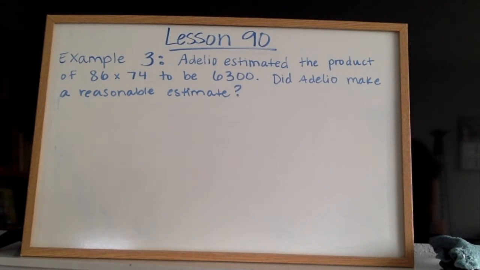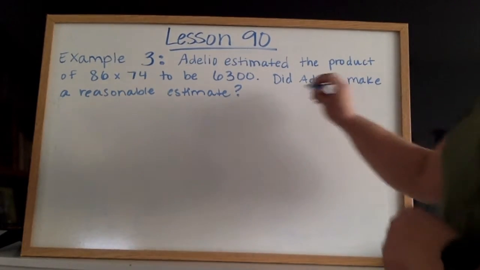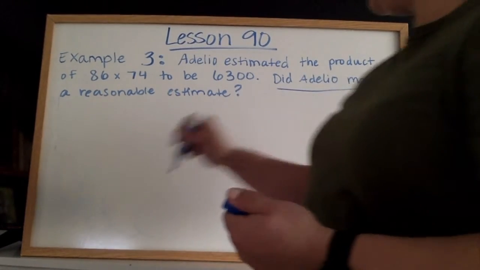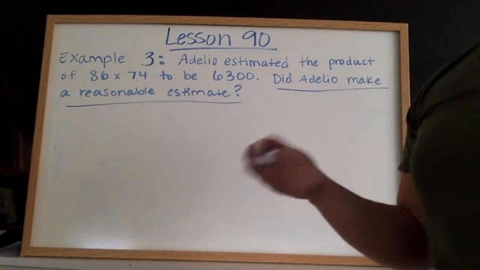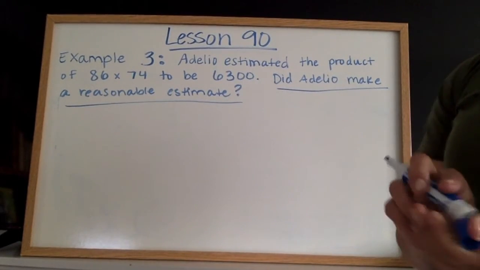Example 3. Adelio estimated the product of 86 times 74 to be 6,300. Did Adelio make a reasonable estimate? So the question here is, did he make a reasonable estimate? Yes or no? That's what we're going to be trying to answer.